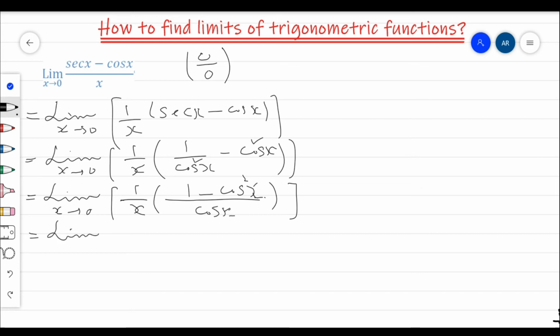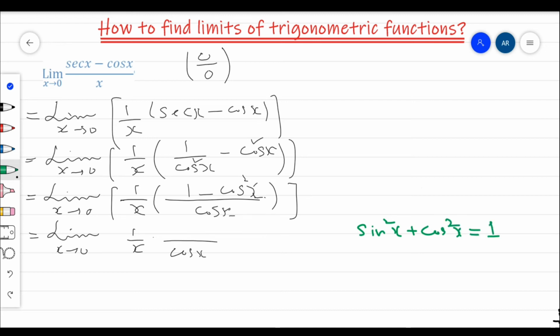Now limit x approaches 0, 1 by x times cos of x in the denominator, and we have a trigonometric identity, which is sin square x plus cos square x equals 1.